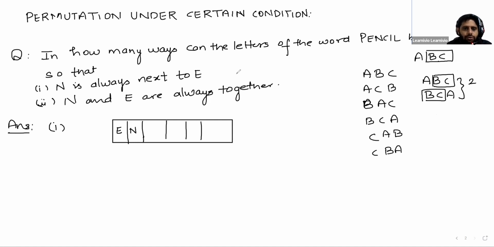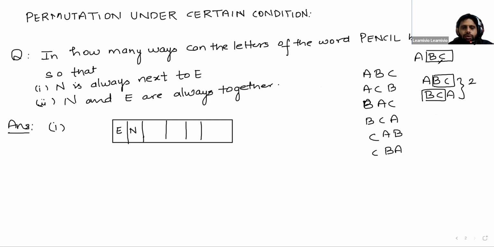So you understand the question. Whenever they say that N is always next to A, that means you need to fix both the alphabets. What's the method of solving these types of questions? Treat the two alphabets as a single alphabet.